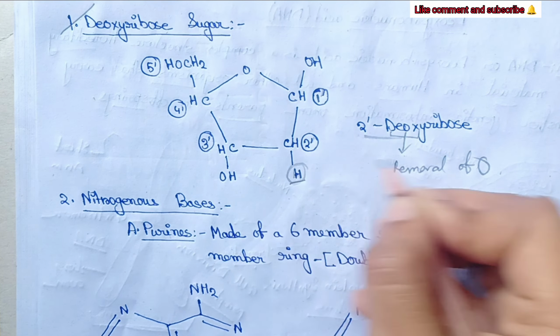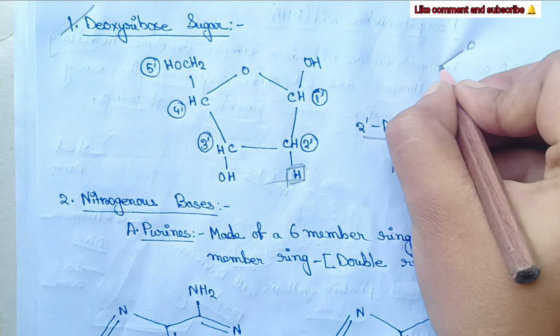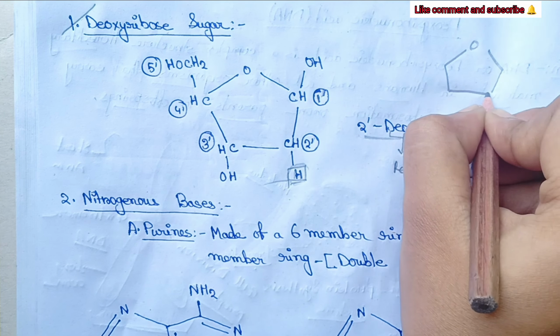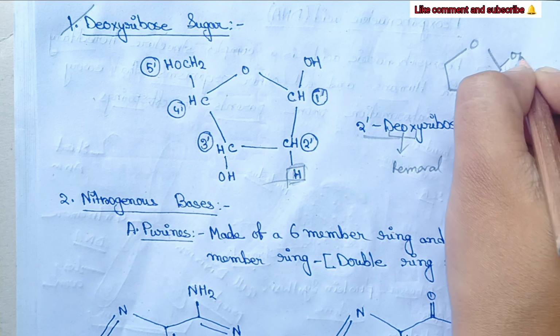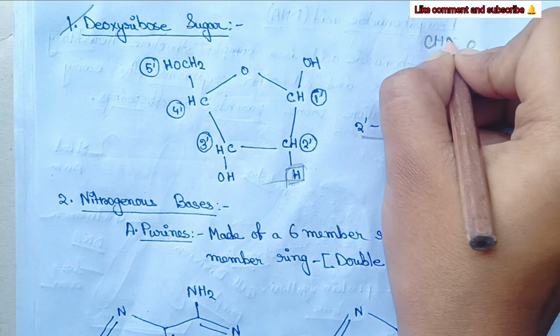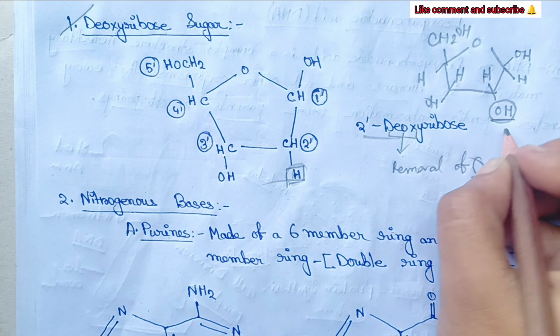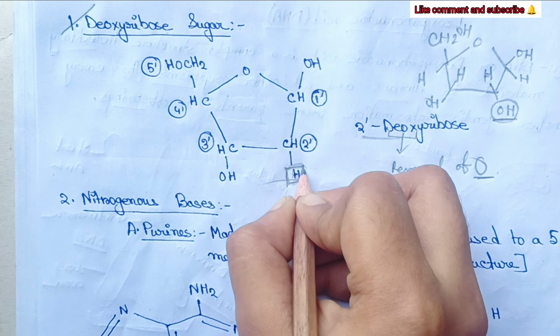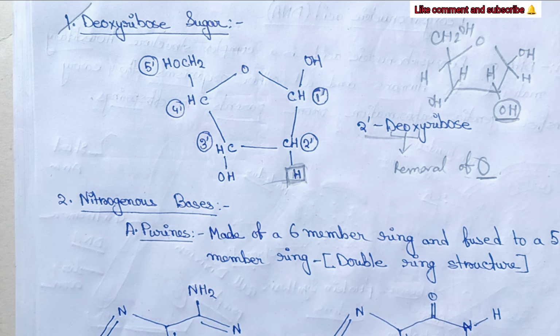So there is a removal of the O group, so it's called deoxyribose, because the ribose structure is almost the same, with OH, H, OH, H, OH, and CH2OH and H, but there at the 2 position an OH group is present. But in the deoxyribose sugar there is only H. The O is removed, so it's called deoxyribose.